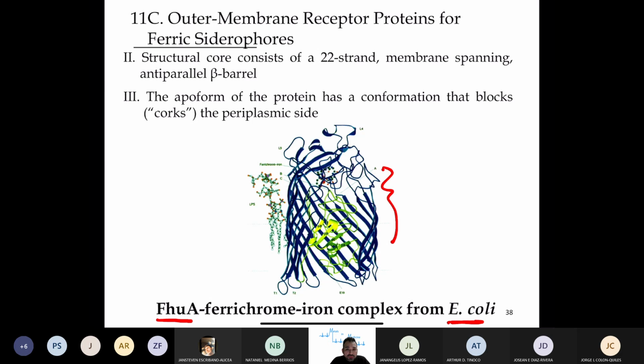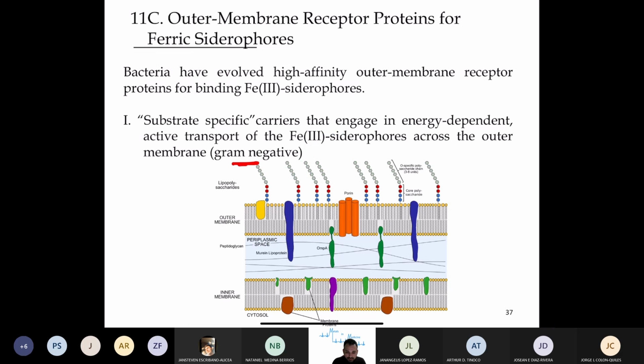The apo form of the protein has a conformation that basically blocks the periplasmic side of the cell. Let's imagine that this is our transporter. This is just a cartoon. So we have the periplasm. When there is no iron bound, this will be basically blocked.